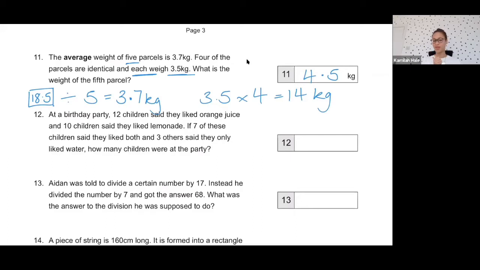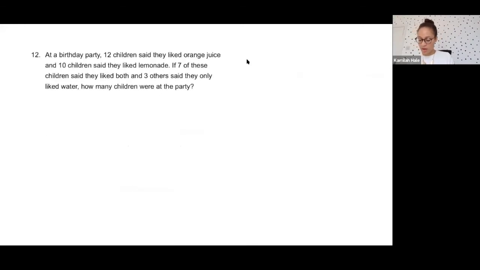Nope, not the age difference method, not a bar chart. Venn diagram is what is best for us to use for this, because we have children that say they like one thing, and then we have some that say they like both, and some that say they're separate. So a Venn diagram, making our own with this information, is going to be the quickest and easiest way of doing it.